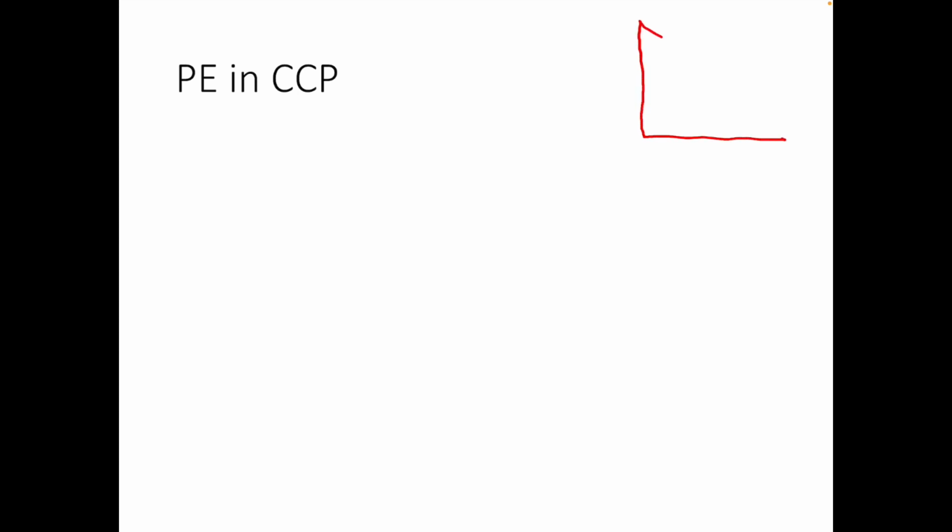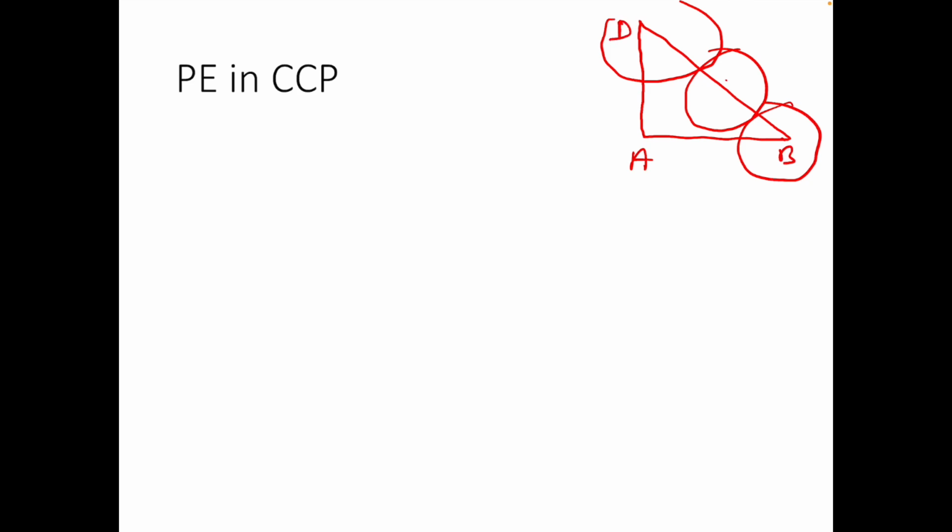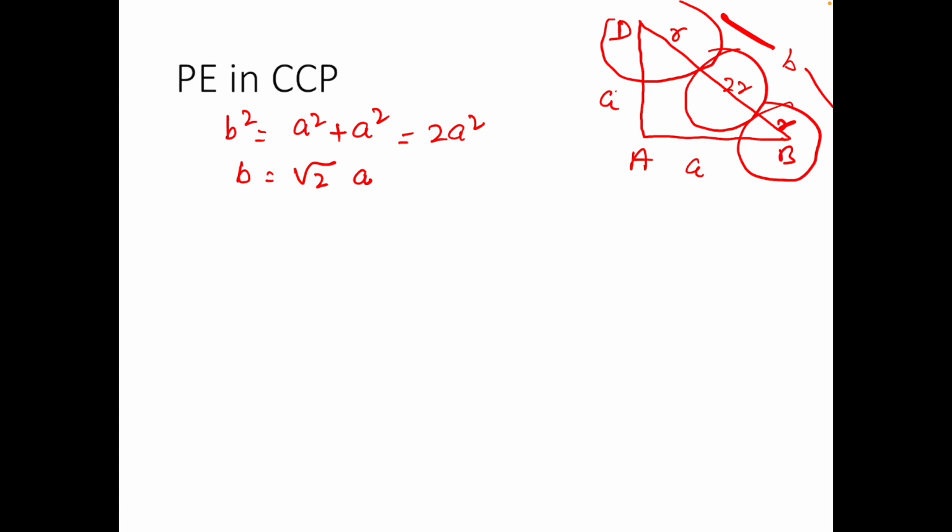See, the figure was like this: A, B, D. Here it is 2R, R, R. This is A, and the diagonal of the face is B. By the Pythagoras theorem, B square is equal to A square plus A square, which is 2A square, and B will be equal to root 2 A. Also B is equal to 2R plus R plus R, which is 4R.